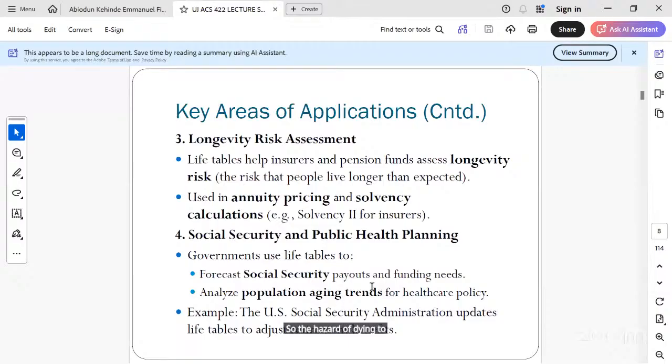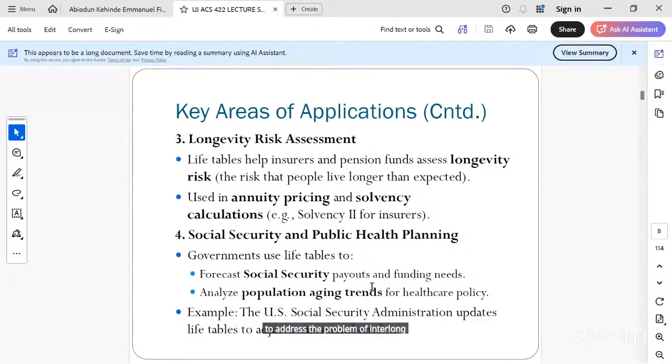And it's as a result of these hazards that actuaries have designed products: whole life for the hazard of dying too early, and then annuity to address the problem of living too long.